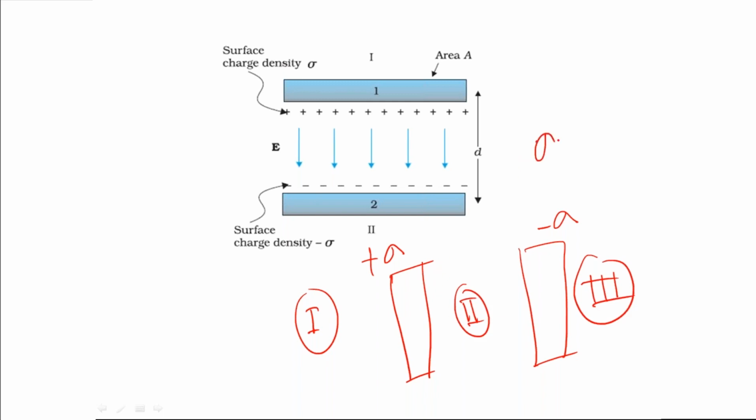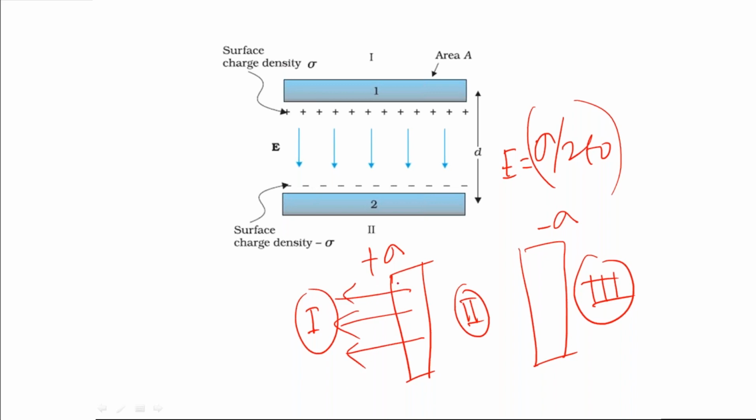Can you tell me what will be the electric field? Just use your knowledge of sigma by 2 epsilon naught for an infinite plane sheet. Can you tell me what will be the electric field at this place? If this is plus, the electric field will be going out radially.